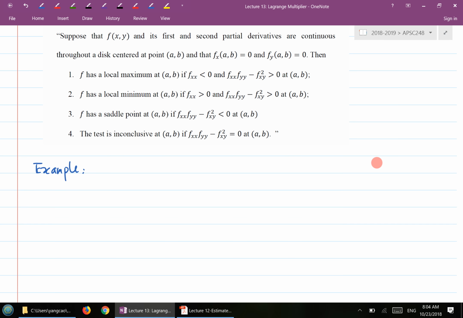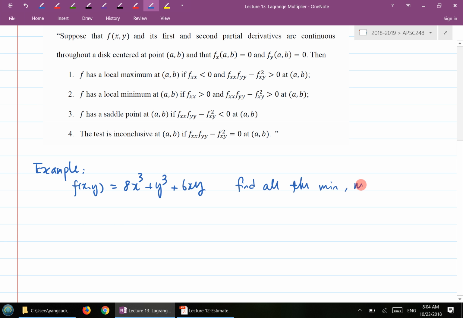Alright, so let's take a look at this example here. Given this function f of x, y, we want to find all the minimum, maximum, or saddle points.